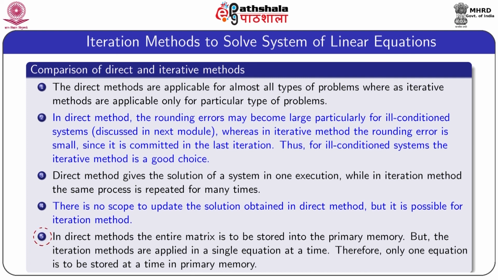In this module, we have discussed two iteration methods. One is called Gauss-Jacobi iteration and the other is called the Gauss-Seidel iteration method. Also, we have shown that these iteration methods are applicable if the system is diagonally dominant, that means the coefficient matrix is diagonally dominant, then these two methods give the convergent solution.